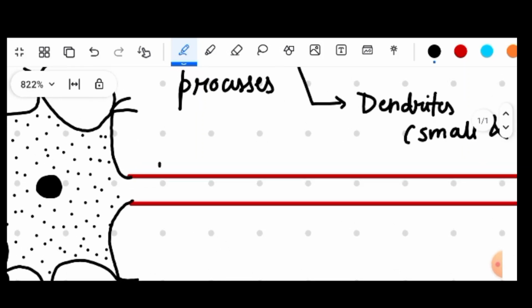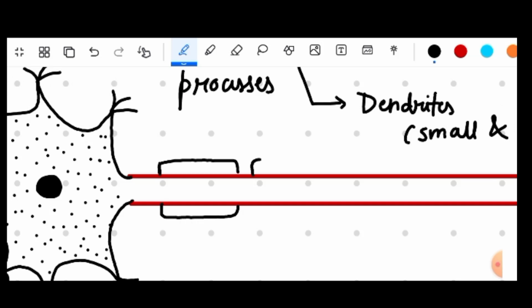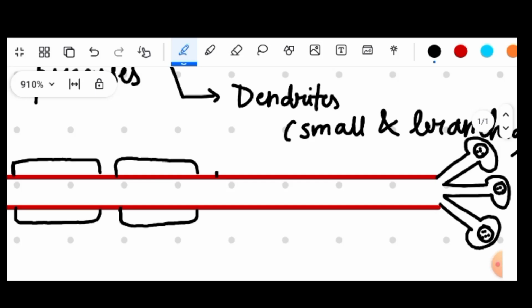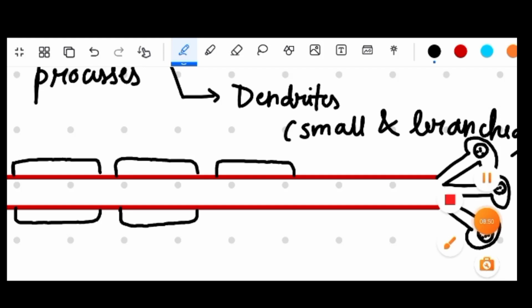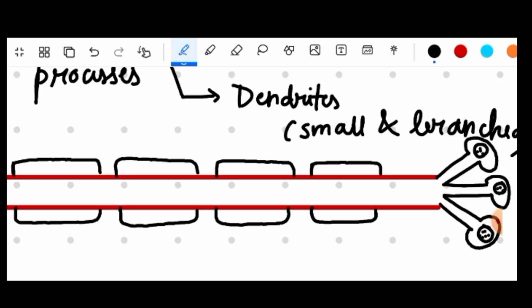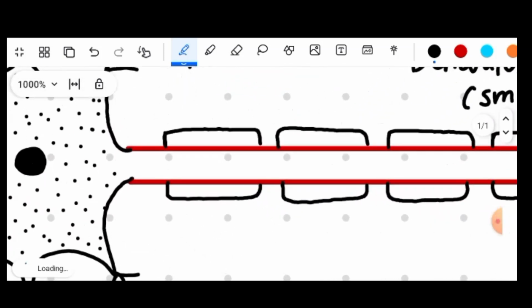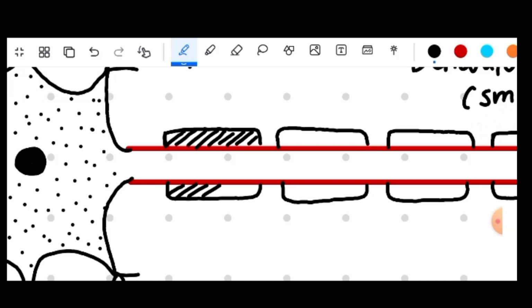Over the axon, you have the myelin sheath. It is an insulating layer which doesn't allow passage of ions. So this is the myelin sheath.